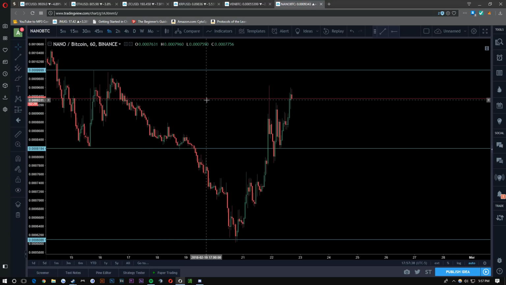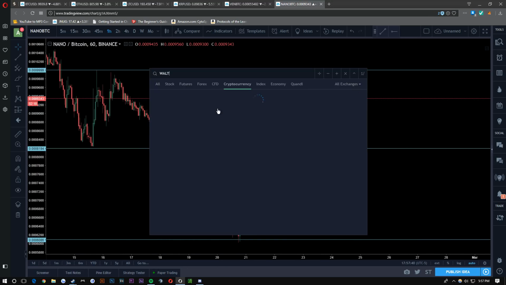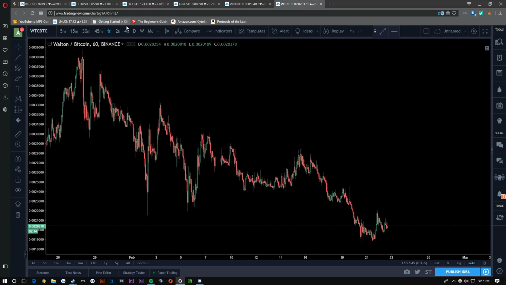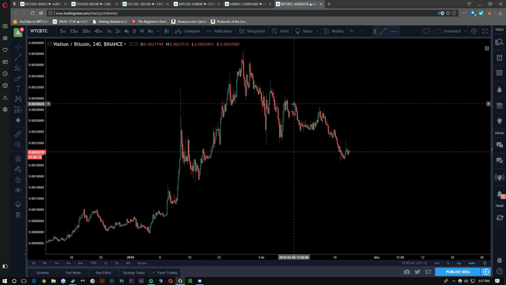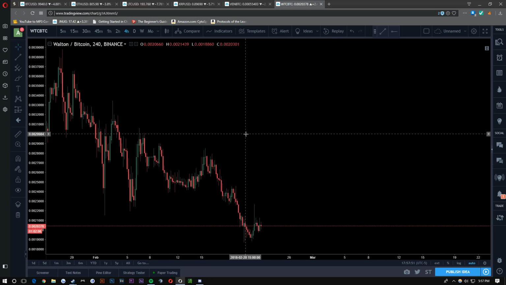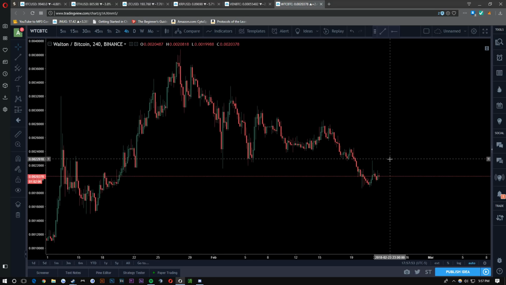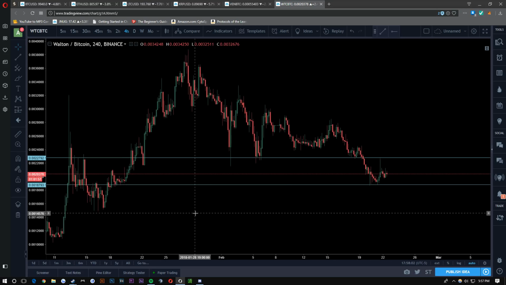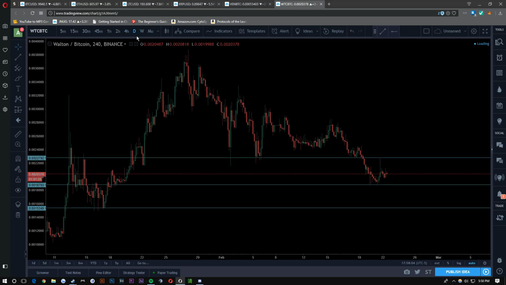And actually, someone in Discord just said to compare WaltonChain, so I guess I'll just do this live. So yeah, this just looks like all the other altcoins, but I'll do this really quick. So looks like there's resistance right there, support right there, support right here. We go on the daily.